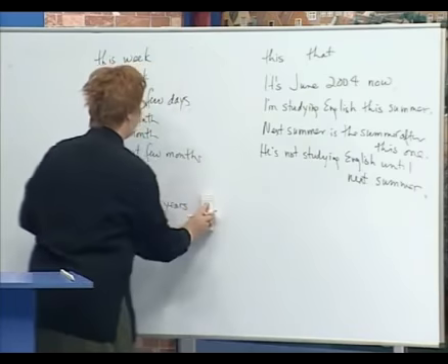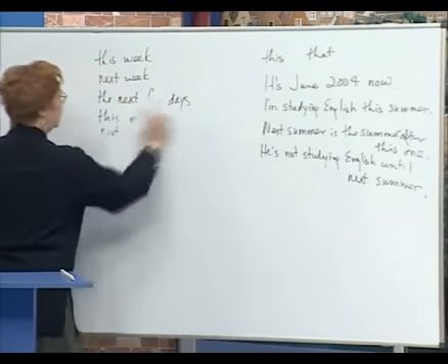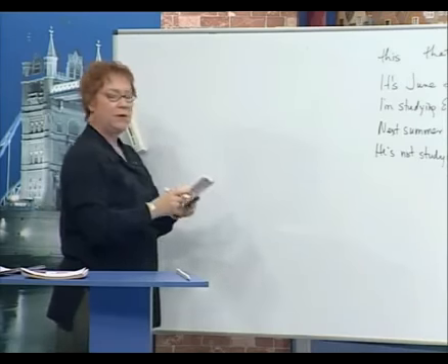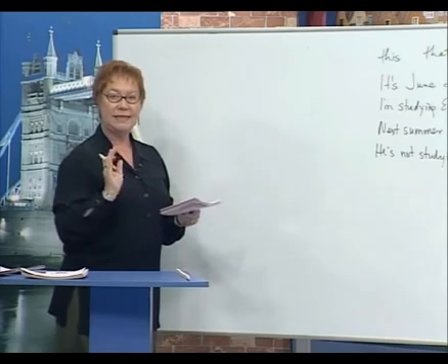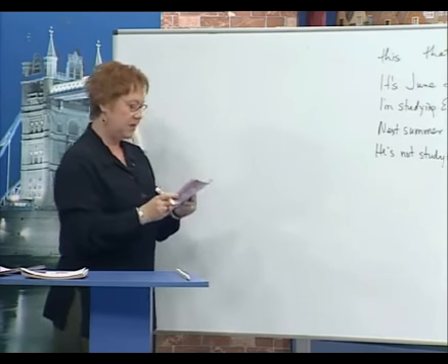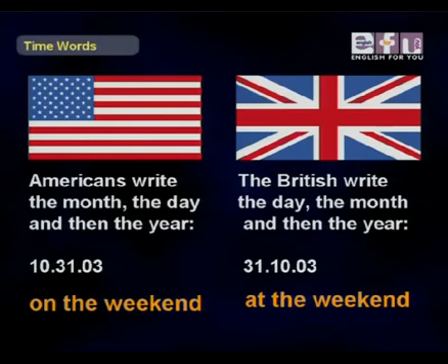Now, I want you to notice a small vocabulary difference between American English and British English. When we write dates using only numbers, Americans write the month, the day, and the year. For example, 10/31/03.